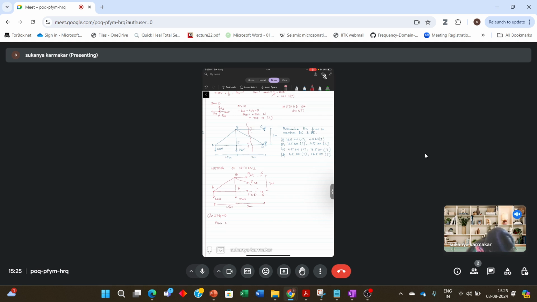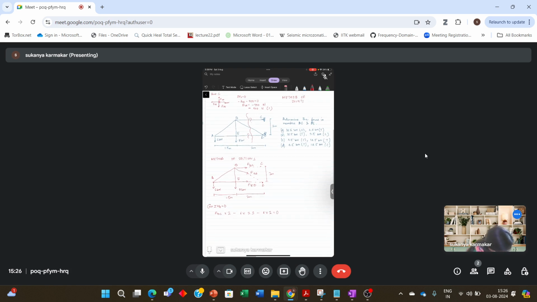FBC into 2 in the clockwise direction minus 6 into 1.5 plus 2, that is 3.5, minus 8 into 2 is equal to 0. So FBC comes out to be 8 into 2 plus 6 into 3.5 divided by 2.